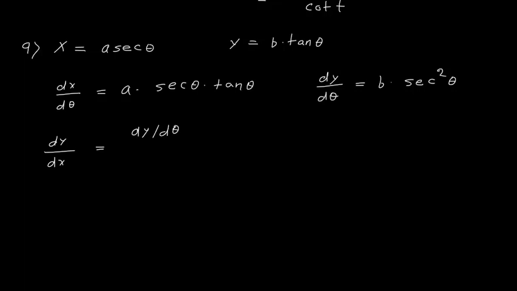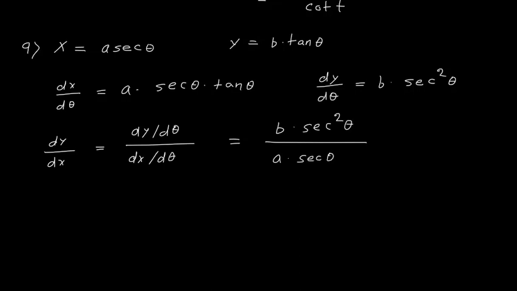Now dy upon dx is equals to dy upon d theta whole divided by dx upon d theta. Now this dy upon d theta is b into sec square theta whole divided by a into sec theta into tan theta. So one sec part we will cancel. So therefore we get dy upon dx is equals to b upon a into sec theta upon tan theta.